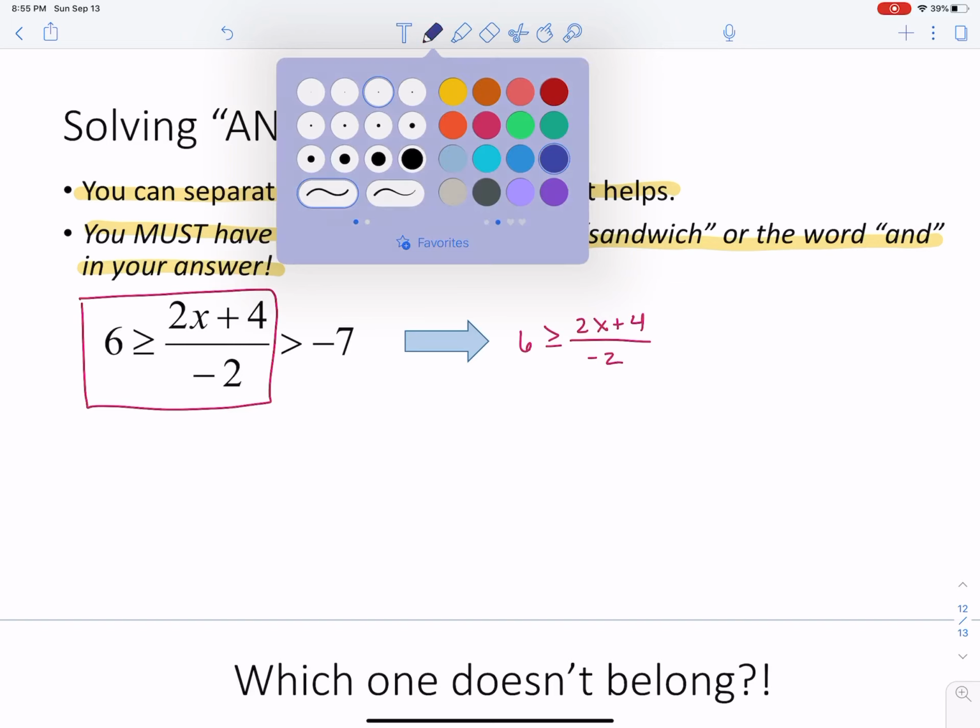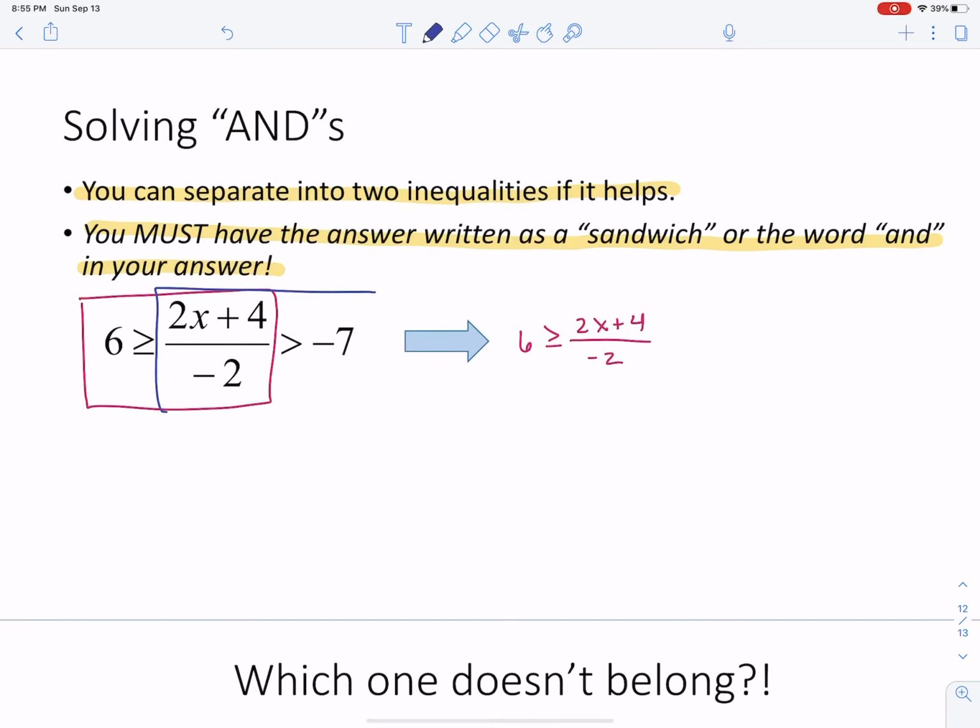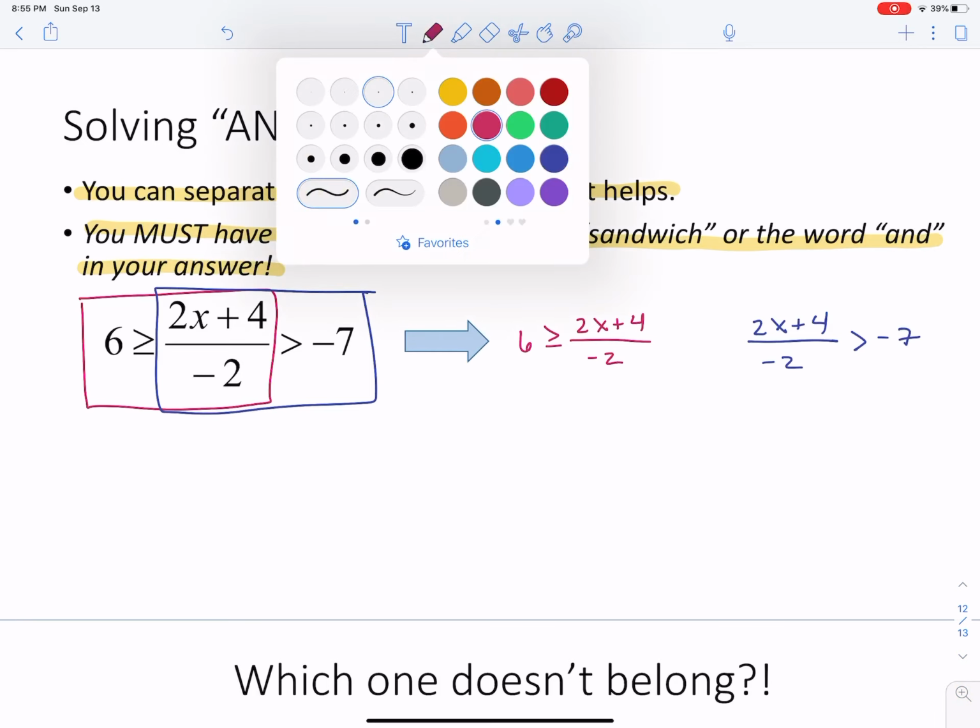And then your other one is 2x plus 4 over negative 2 is greater than negative 7. Now you have these 2 inequalities that you can solve.